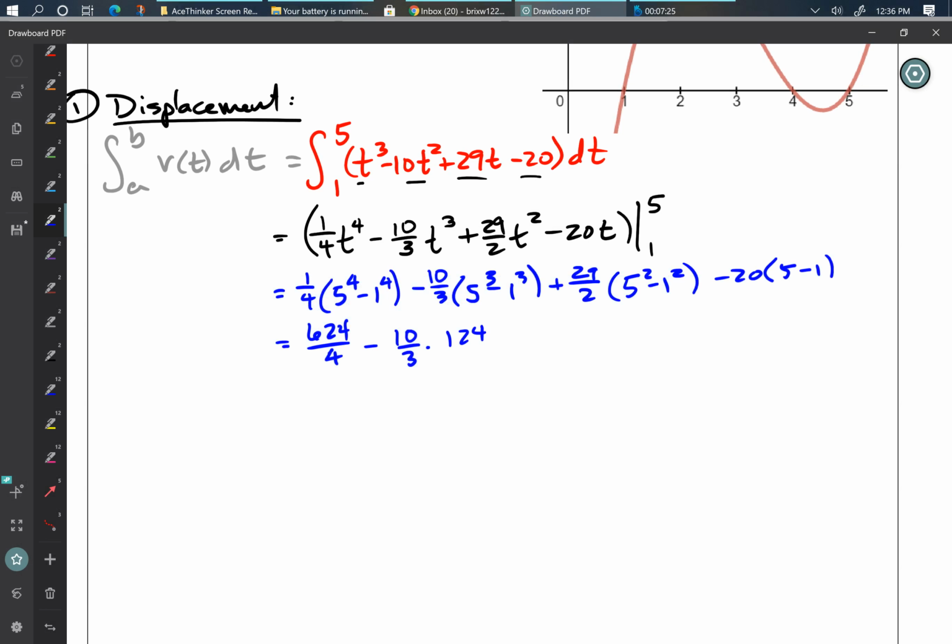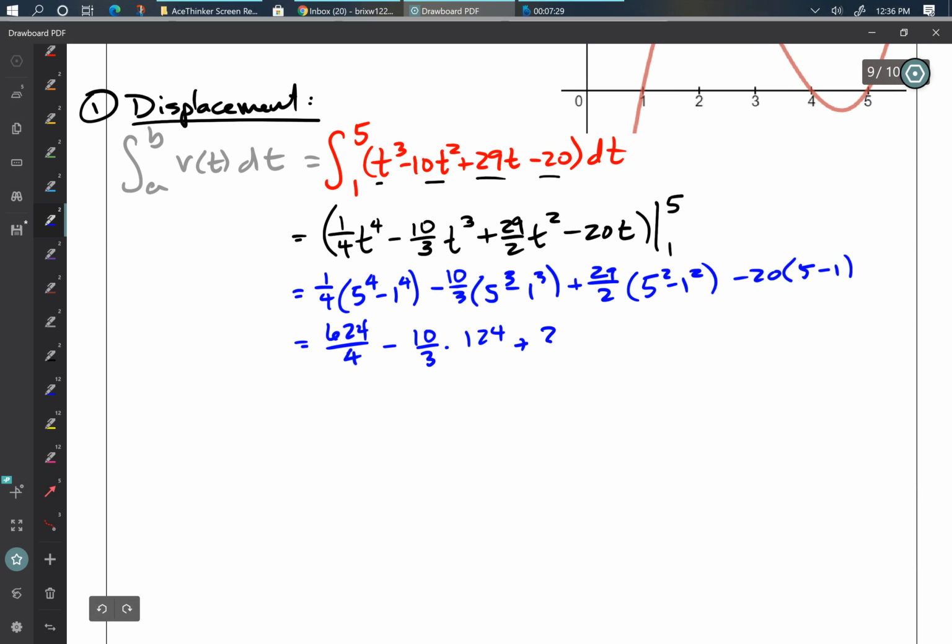Okay, let's plug in because my battery is obviously running low. Plus 29/2 times 24, 25 minus 1, minus 20 times 4. At this point, this is a calculator problem. Okay, so 624 divided by 4 is 156.